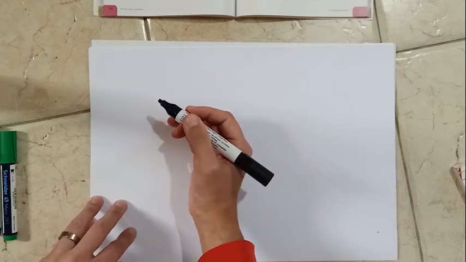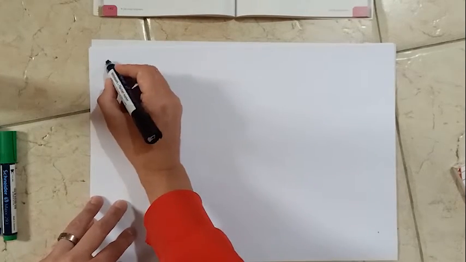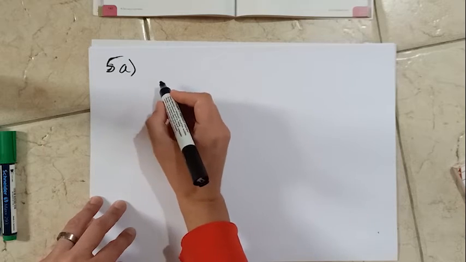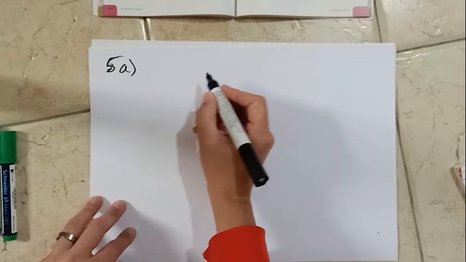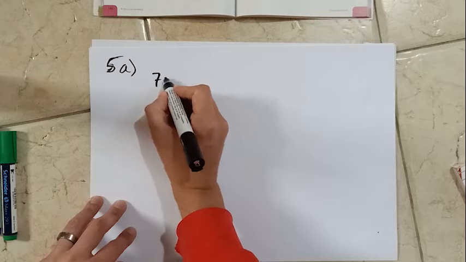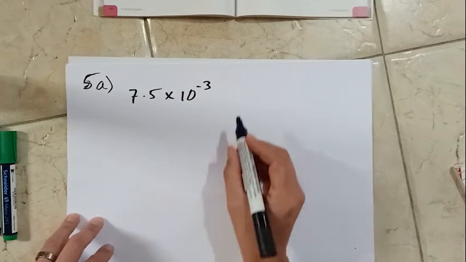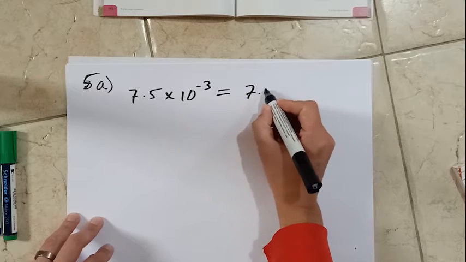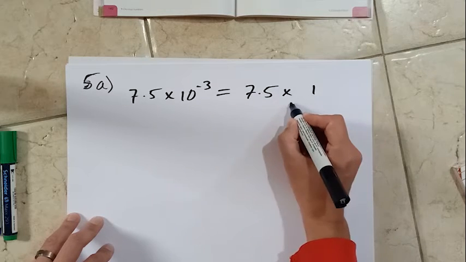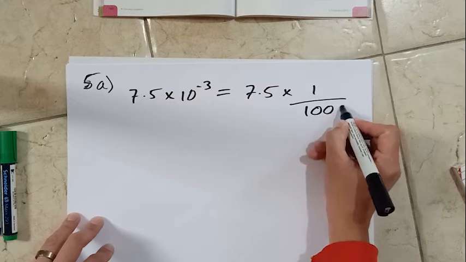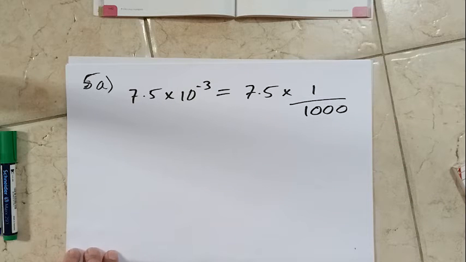So for example, question 5a, it says multiply each of these numbers by 10 to the minus 3. So 7.5 times 10 to the minus 3. Well, that's 7.5 times 1 over 1,000.